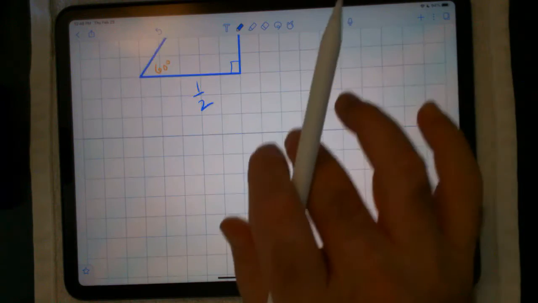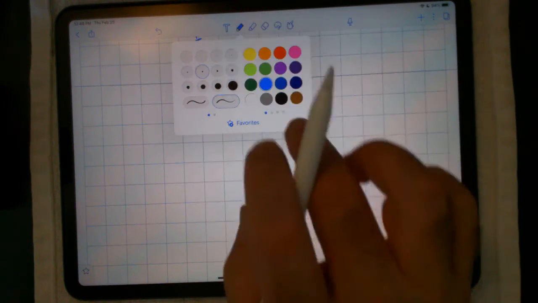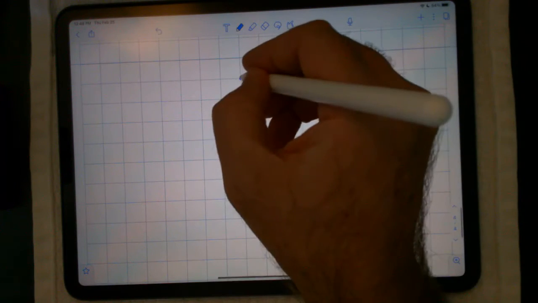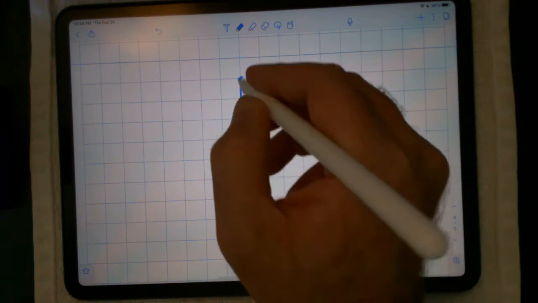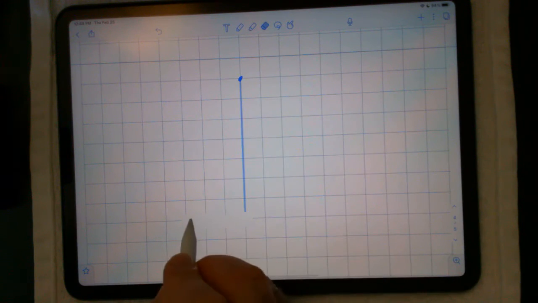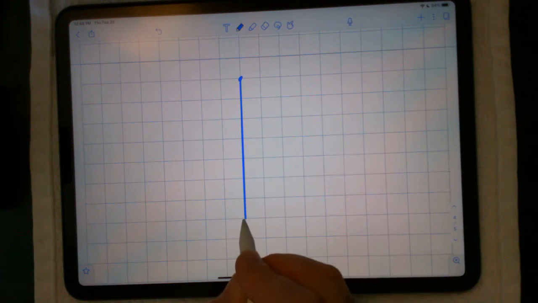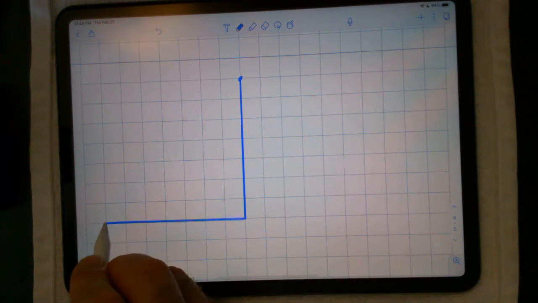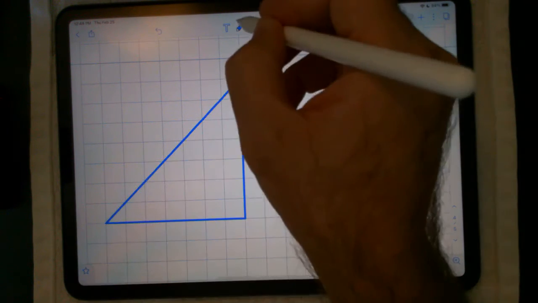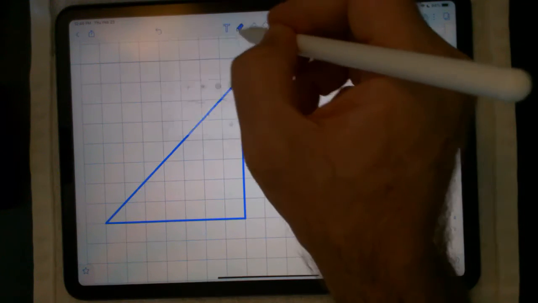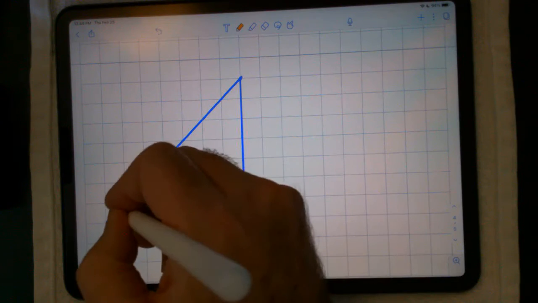A similar discussion can be had for the 45, 45, 90 triangle. So again, this is supposed to be a 45, 45, 90 triangle, even though it's not really drawn to scale, there's your box that denotes you have a right triangle.